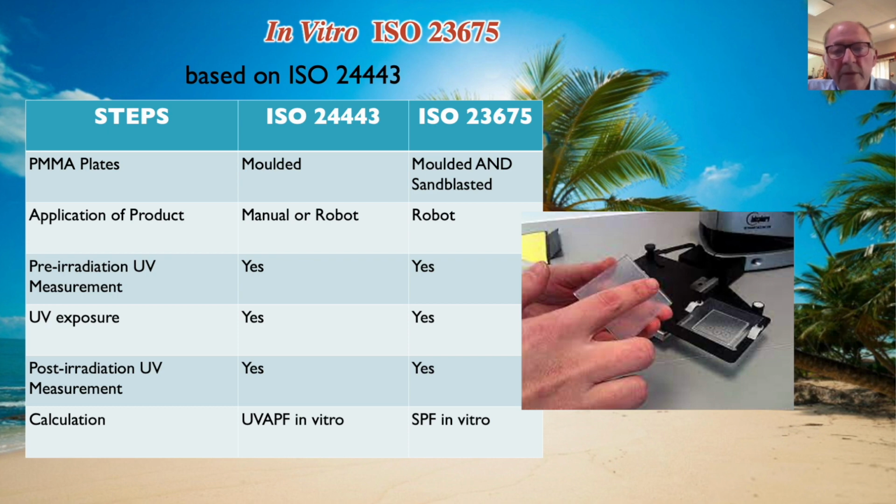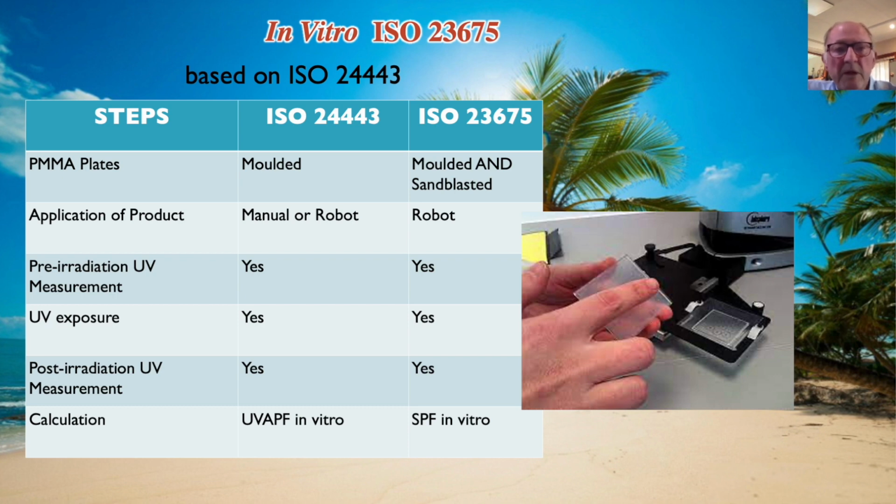So that's the method of modelling on PMMA, which is plastic, and using a method with a spectrophotometer that's specifically designed to measure the amount of light that's transmitted. So they're called integrating sphere spectrophotometers. That's what we use.